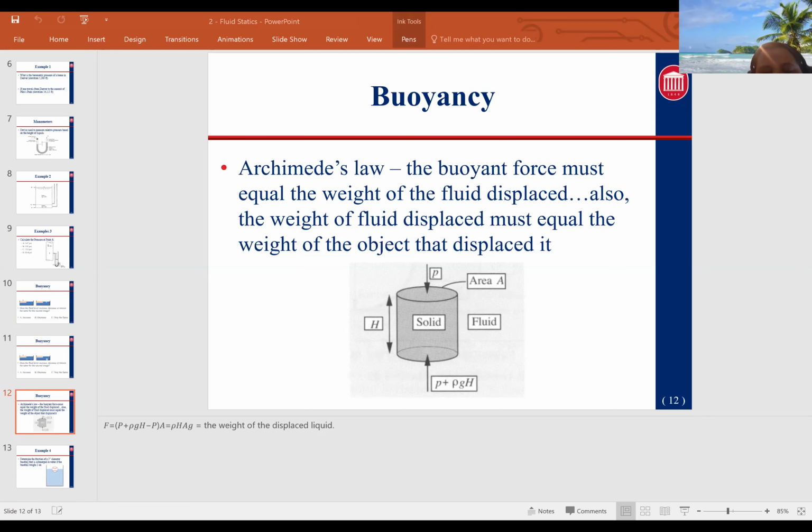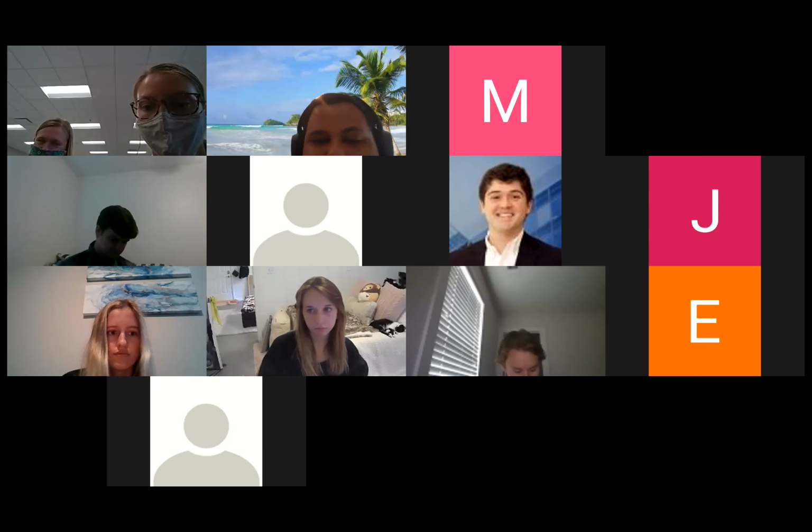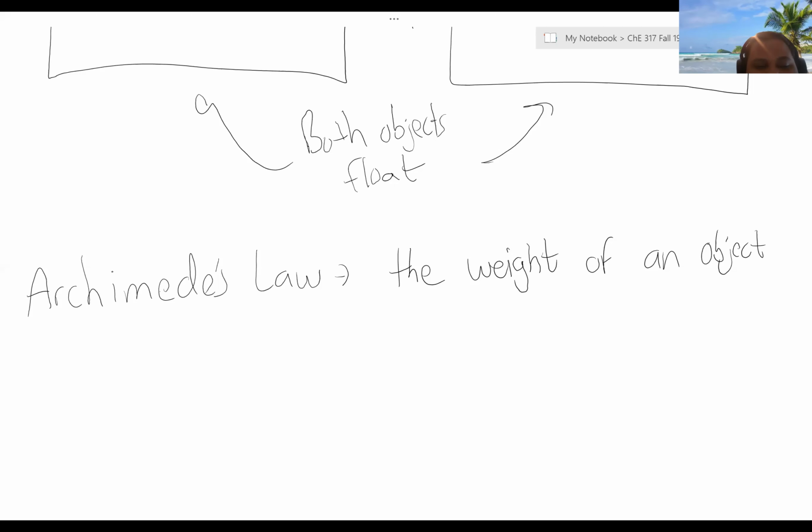The weight of an object. Is it still supposed to be on the PowerPoint? No, thank you. So it doesn't tell me what I'm sharing, it just tells me that I'm sharing. Do you guys see the slide? Now we're good.